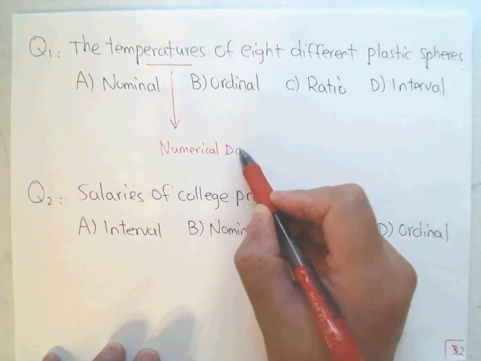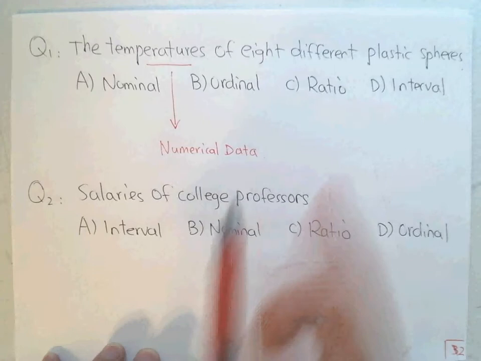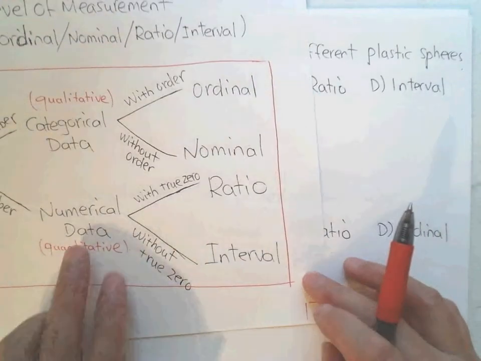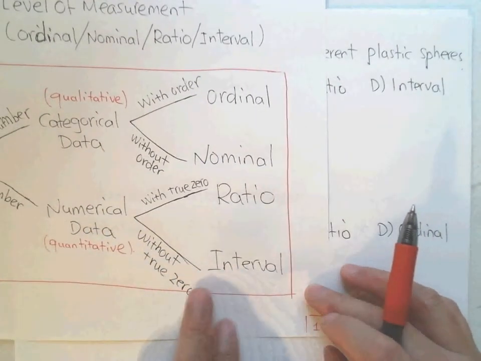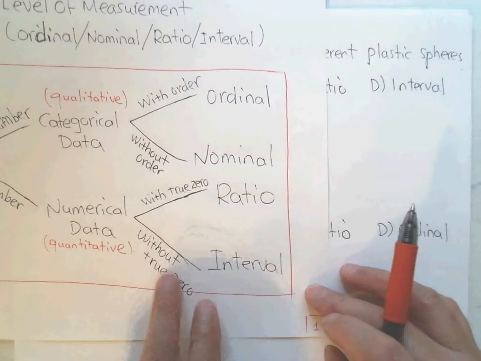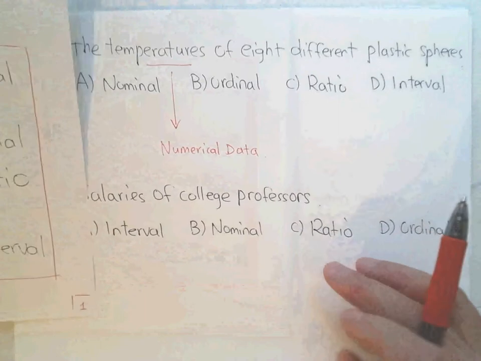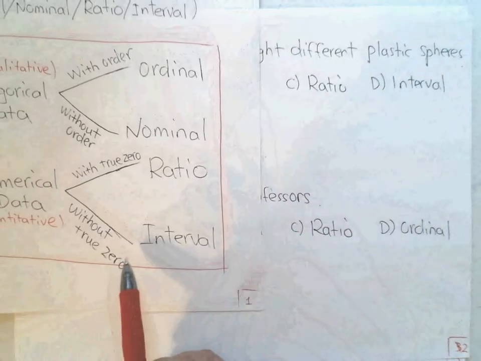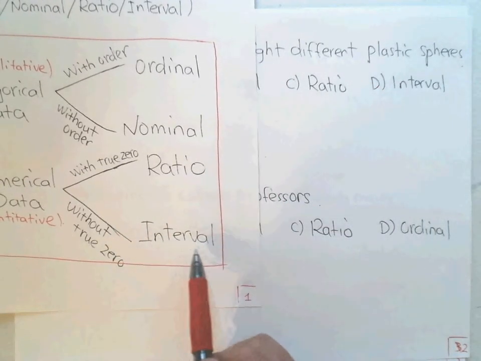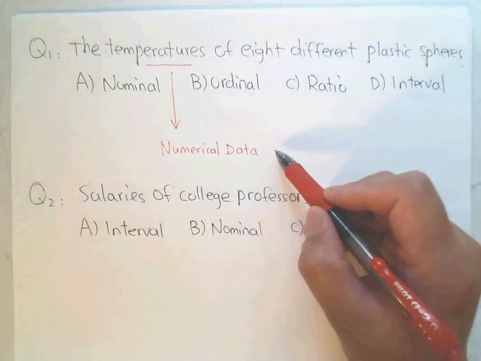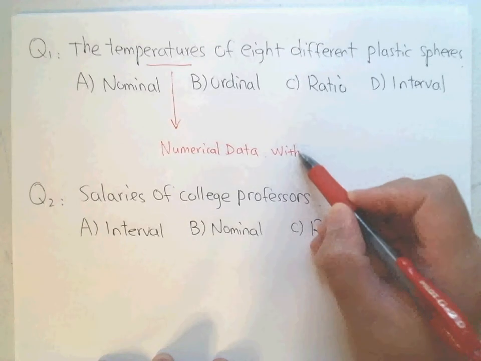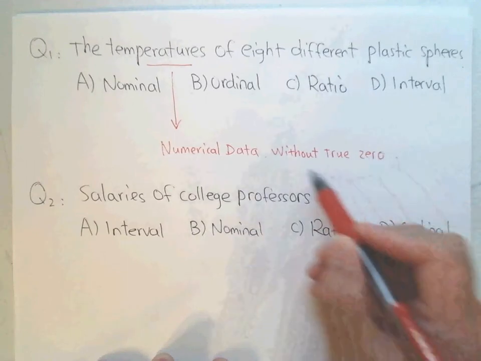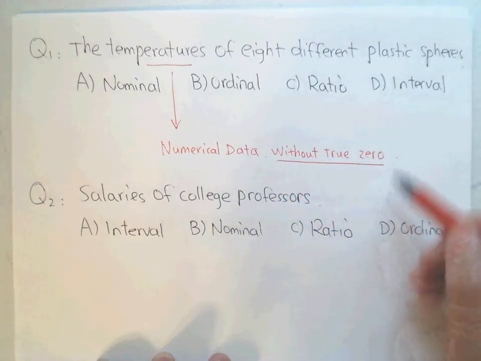Among numerical data, we have two types, either ratio or interval, depending on whether zero is a true zero. For temperature, zero is not a true zero, so without a true zero, it is interval.